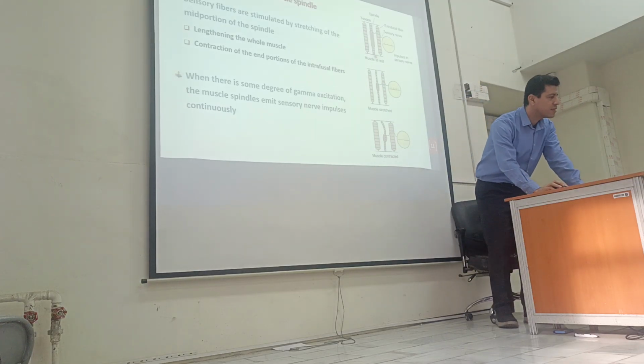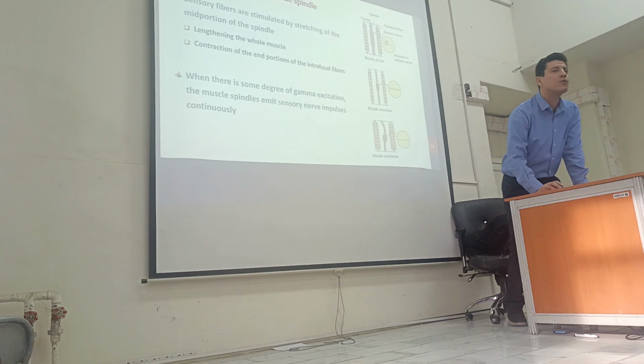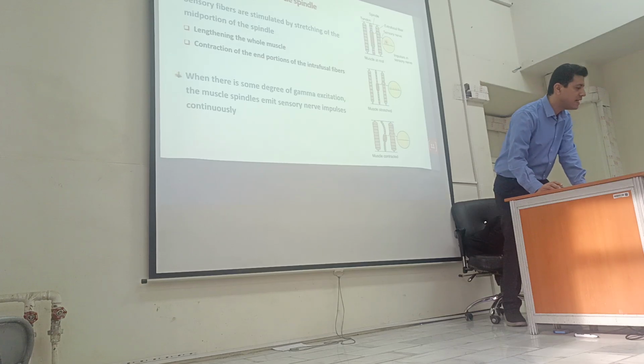So let's see this condition, muscle at rest. Extrafusal fibers, intrafusal fibers, spindle. The middle part is innervated by a sensory neuron, right? Once it is at rest, we have some action potentials. So we have three action potentials here when there is no contraction in the muscle, right?